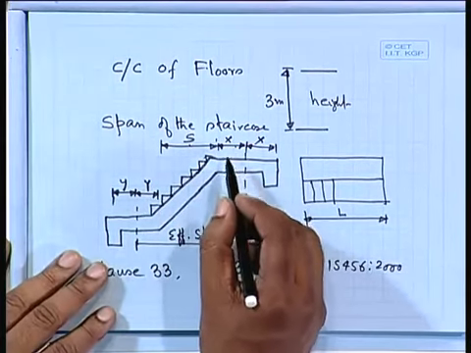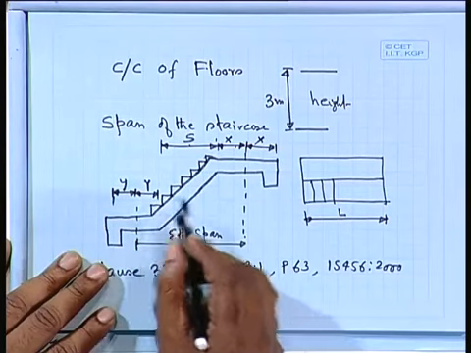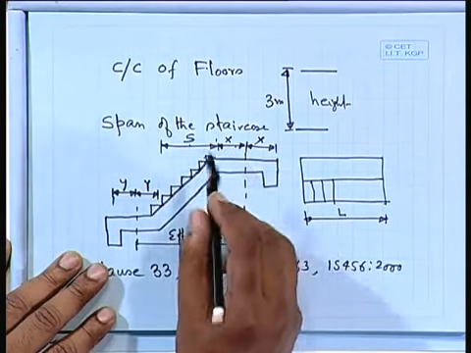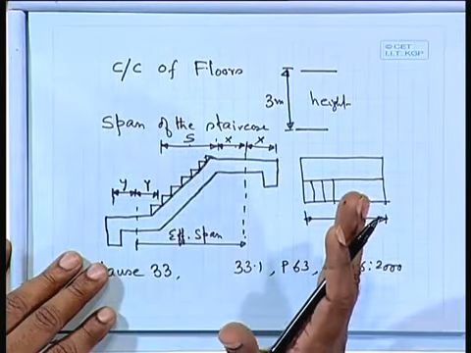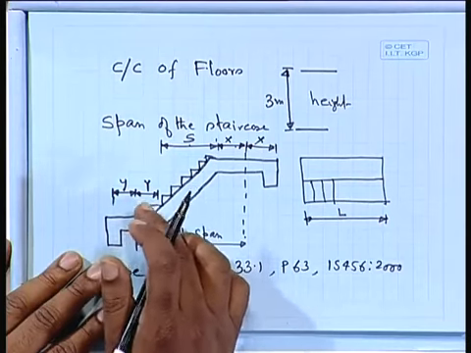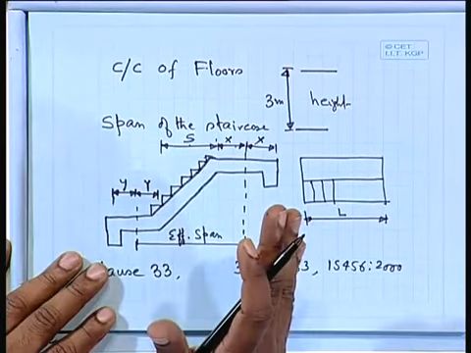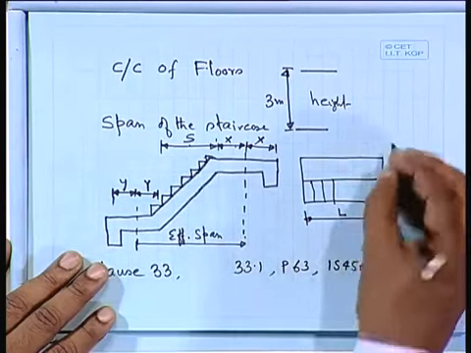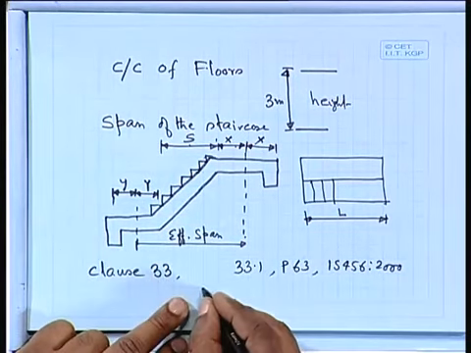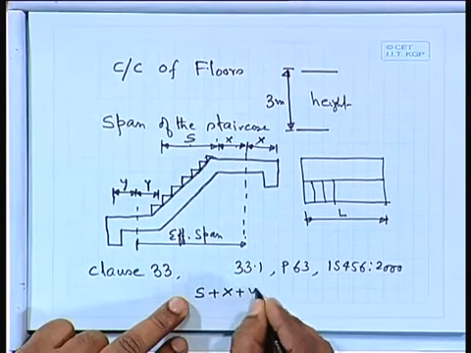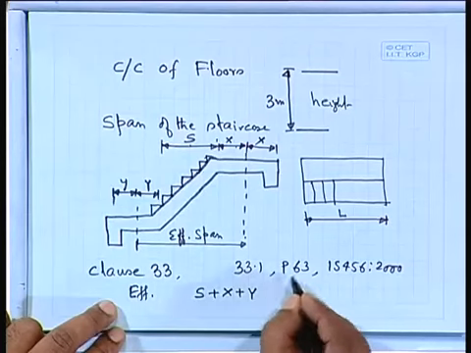But if x is greater than 1 and y is also greater than 1, then you take s plus 1 meter, and if y is also greater than 1 meter, then you take 1 meter for y. Otherwise, if it is less than 1, then you take x only. So here I can write the effective span as s plus x plus y, but our code says this is your effective span, which you will get in this clause.